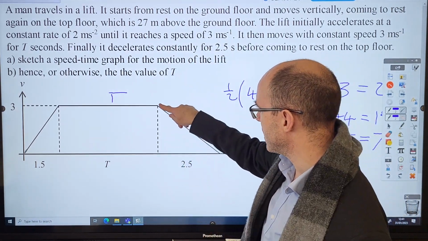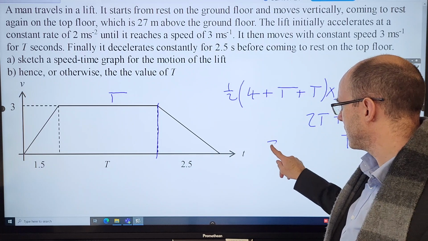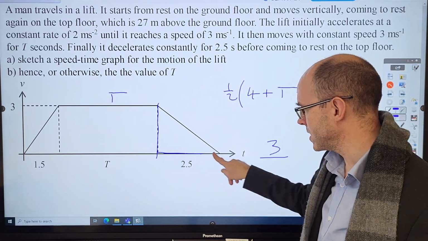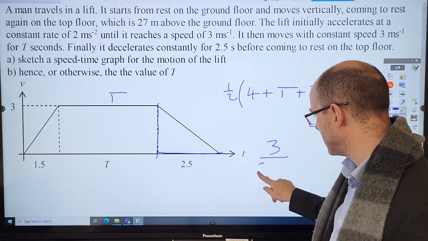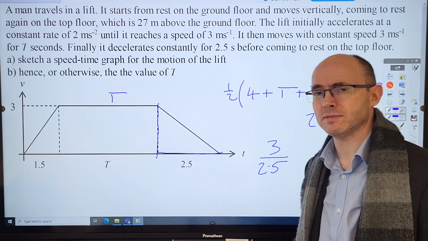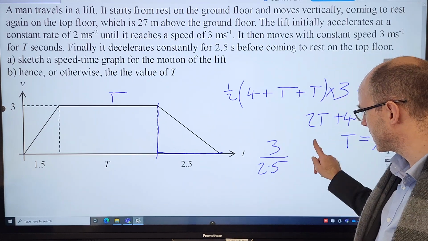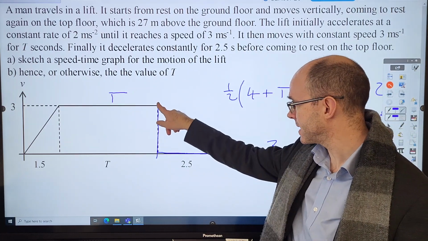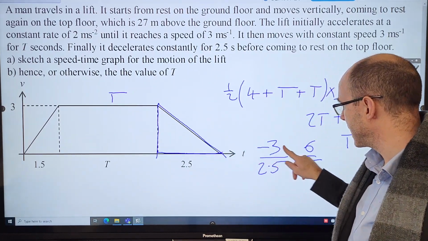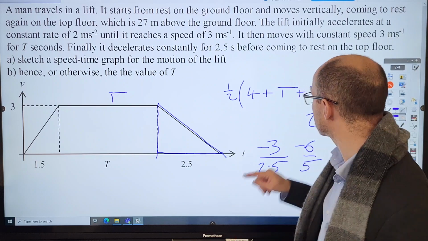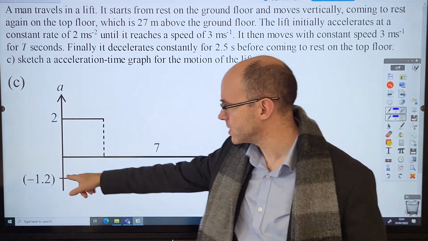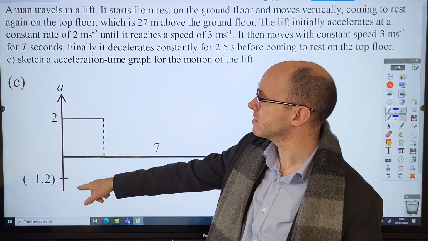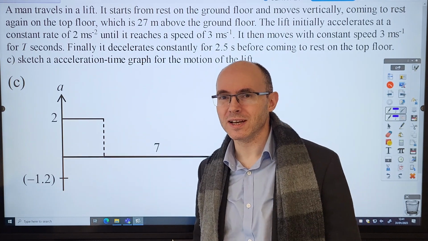The change in height for this bit is 3, and the change in horizontal for this bit is 2.5. So 3 divided by 2.5, easy enough. Just double top and bottom, you get 6 over 5, so 1.2. Just remember, because it's downwards, it's negative, so that would be negative 1.2 meters per second squared. Hence, this bit here. Now, while you didn't need it for this part of the question, you will need it later on.